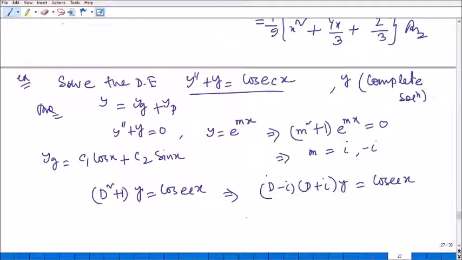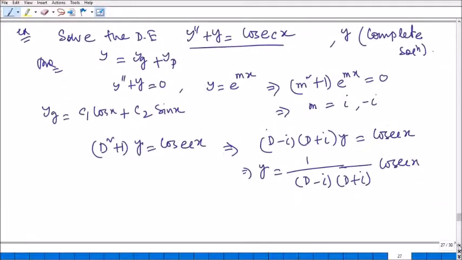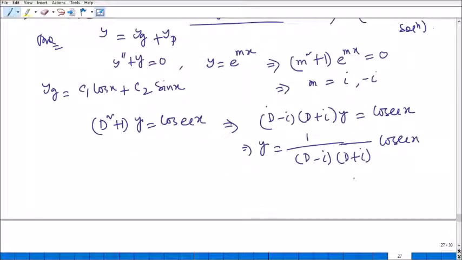So we write that y equal to 1 by D minus i into D plus i operating on cosec x. Now here we can use either the successive integration method, or we can use the partial fraction method.